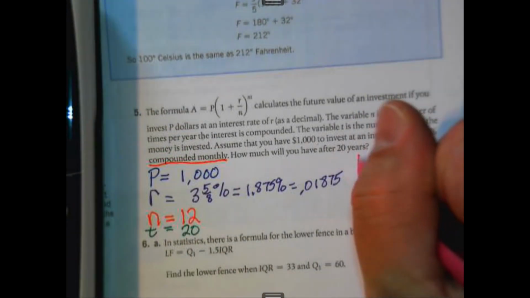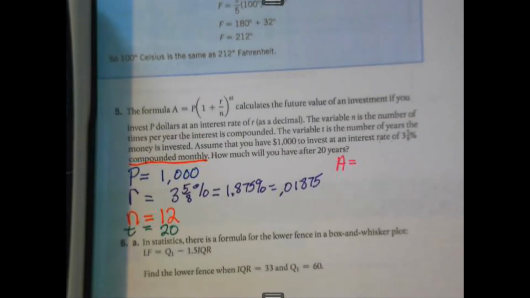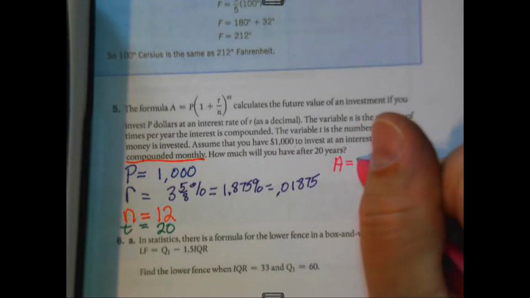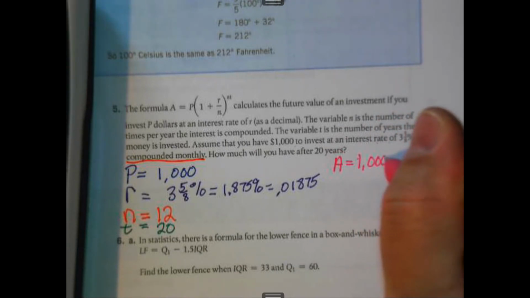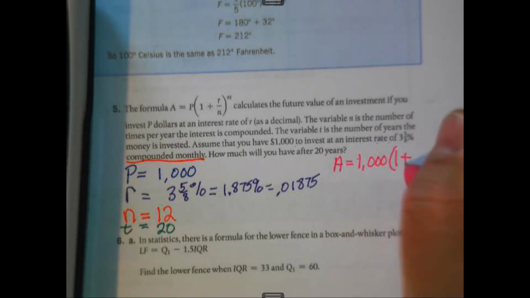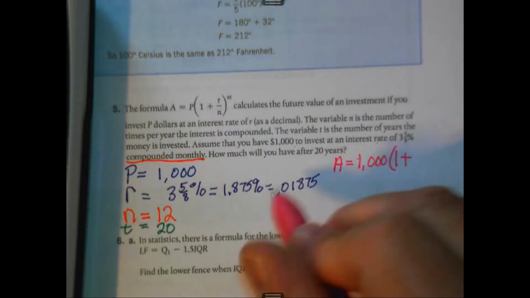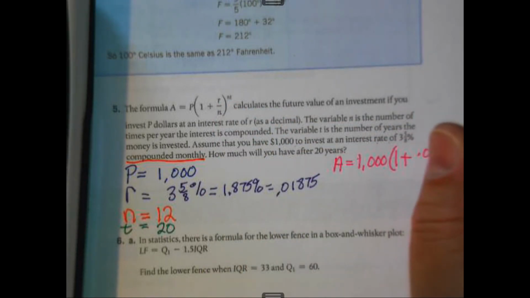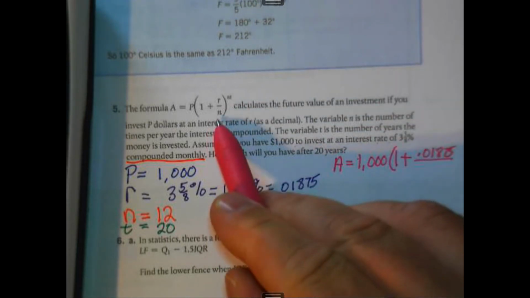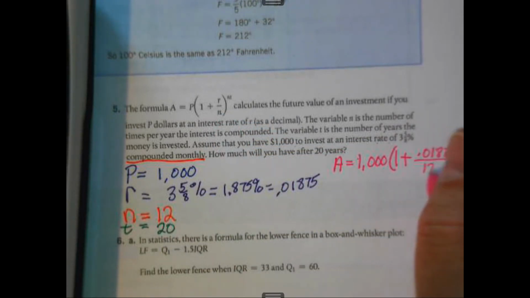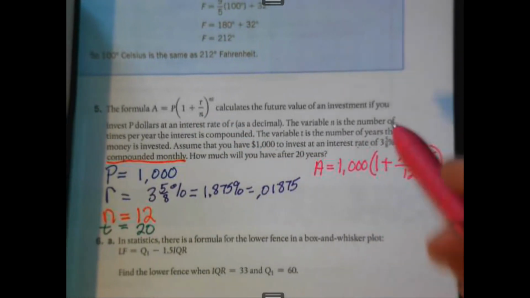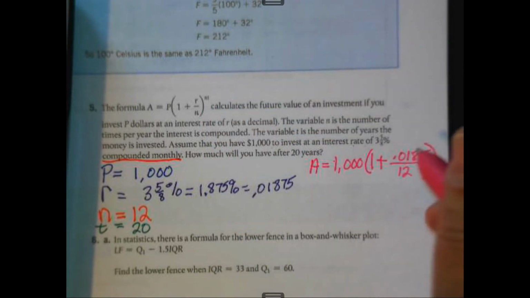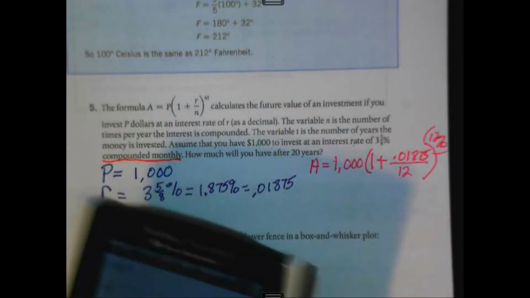So A, sometimes we use Y, equals P, which is 1,000, times 1 plus my R, which is 0.01875, divided by my N, which is 12, all raised to the N, which is 12, times T, which is 20. Make sure you put those in parentheses in your calculator.